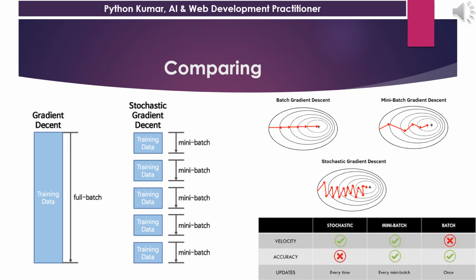In the case of mini batch gradient descent, it learns after each chunk is executed. And in the case of batch gradient descent, it learns after the entire batch is over. That is, if the batch has 1 million data points, you can understand from the graph how much time it will take, how much accuracy there will be, and how many times it will update itself.